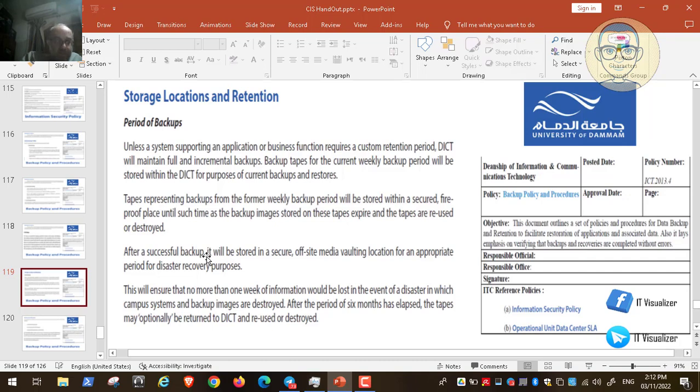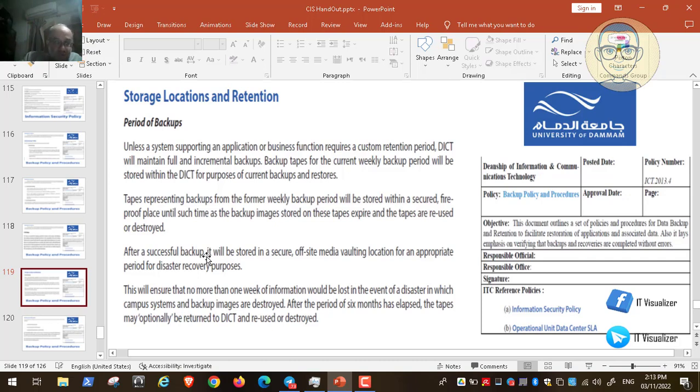When the previous weeks' tapes' retention period expires, then we can reuse them. And we have an off-site place, so we will take some of these tapes and put them not in a safe in the IT office, but outside the university, maybe in a bank vault or something.